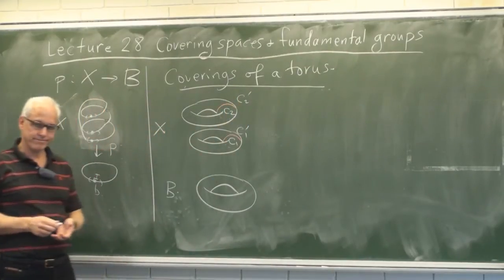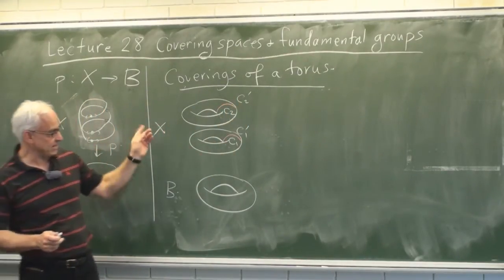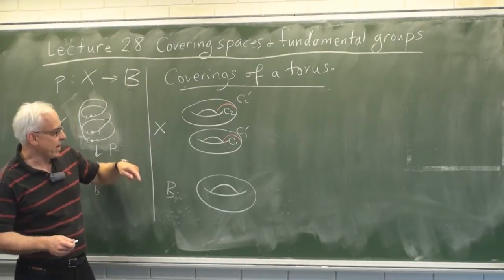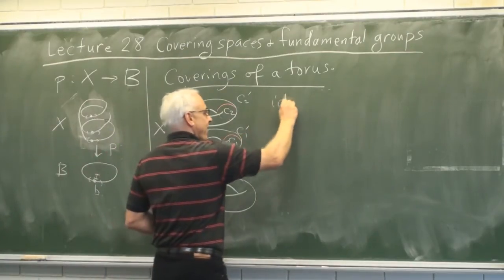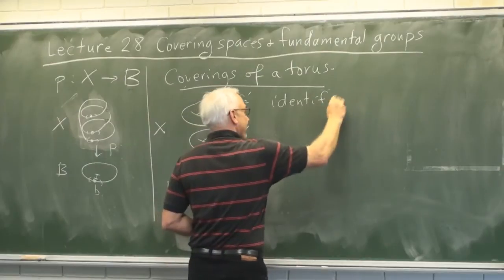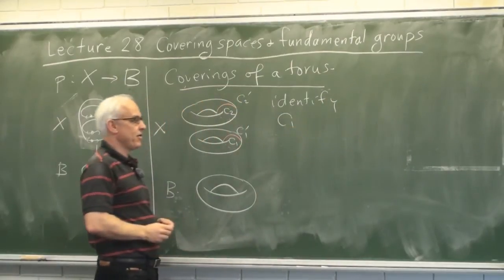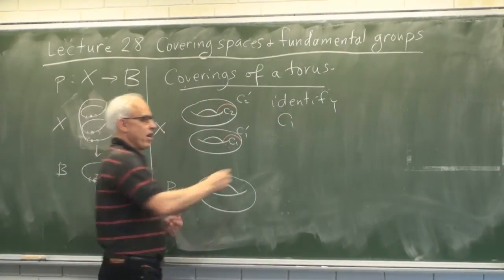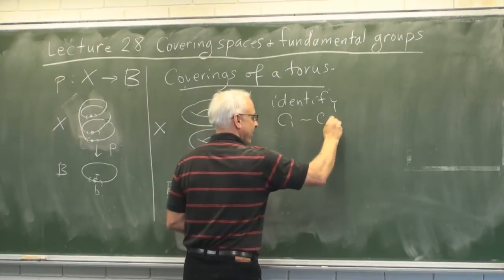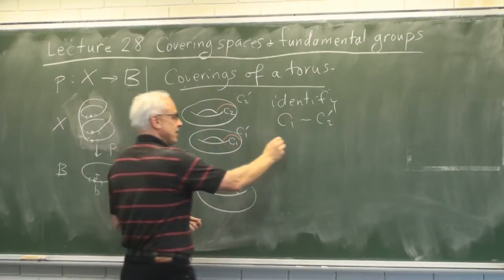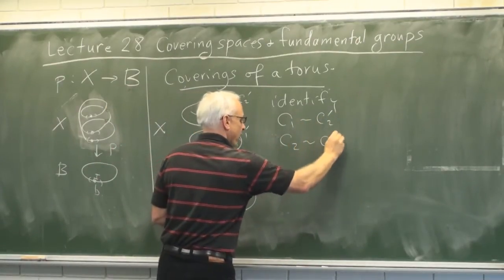And now we're going to create the space X by identifying C1 with C2 prime and C2 with C1 prime.